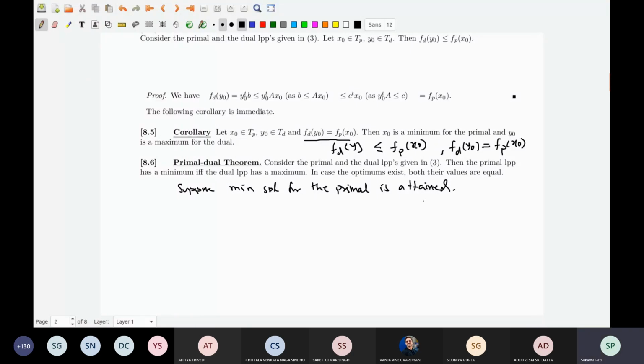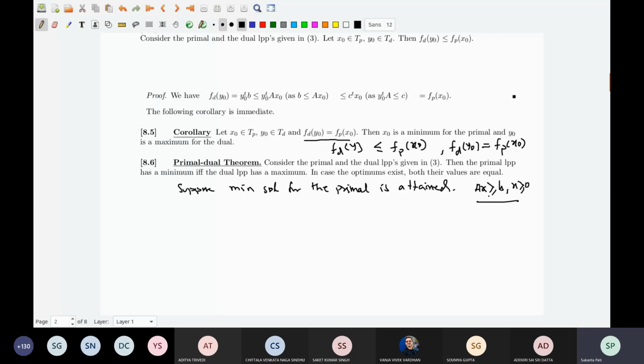Well, if the minimum solution exists, and since you have a polyhedron, the set is a polyhedron because it is written as x greater than or equal to b, bounded below because x is greater than or equal to 0. So it basically says the minimum solution exists.